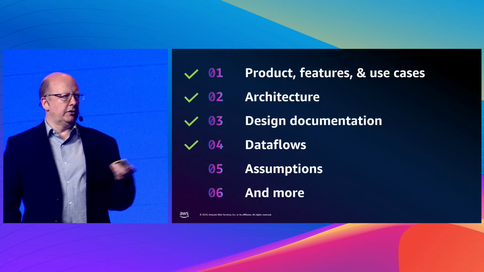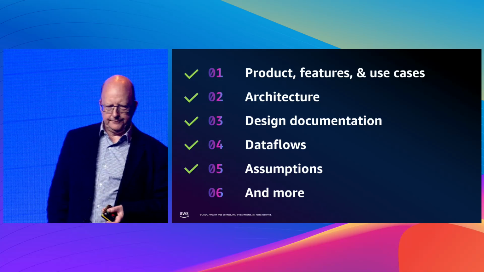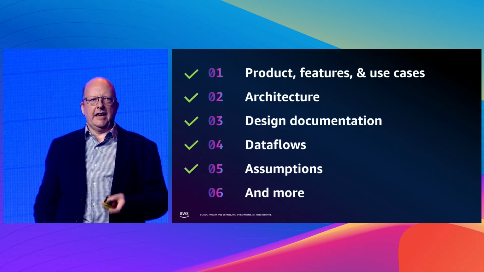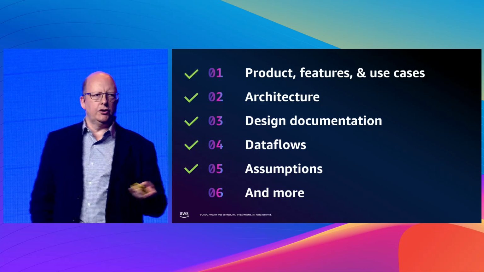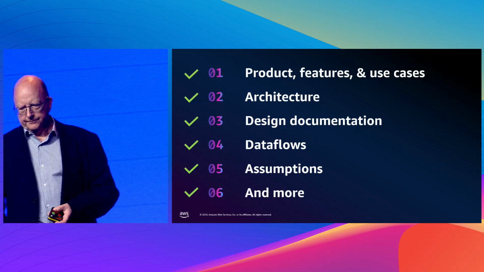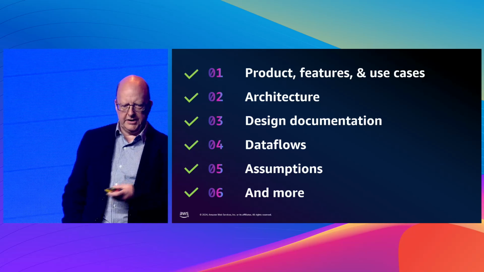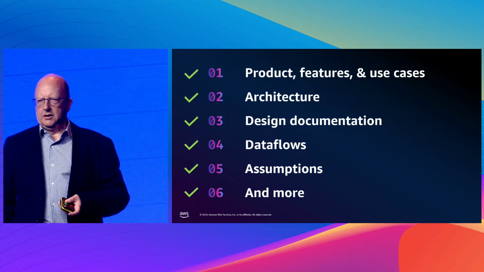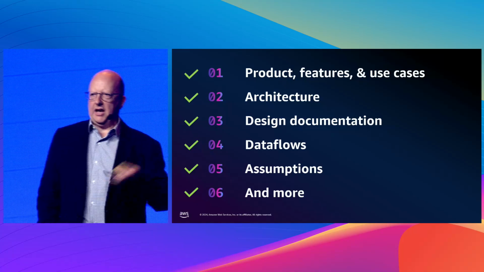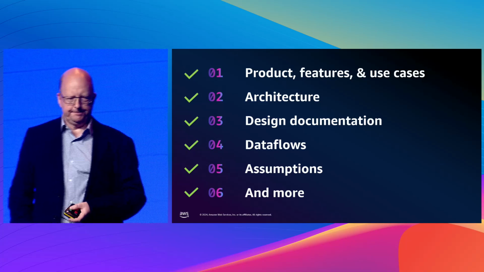It's basically the same documents that developers are going to use to build the actual application. We also should be documenting any assumptions that you might make about the environment, about the access, and about the users themselves. And there might be many other things as well, but we're not going to go through all of this. But all of this information is going to make the next few steps much more cohesive. Having all of this up front, early in your process, is going to make your threat modeling so much easier.